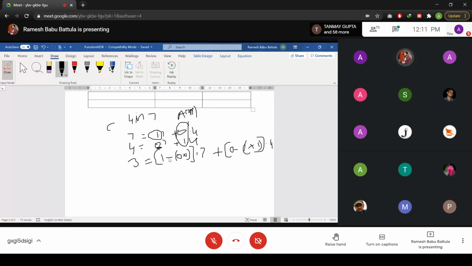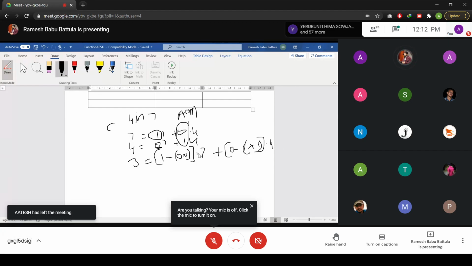Why? Because 1 minus 0 is equal to 1 and into 7 is 7. 7 minus 4 is equal to 3.